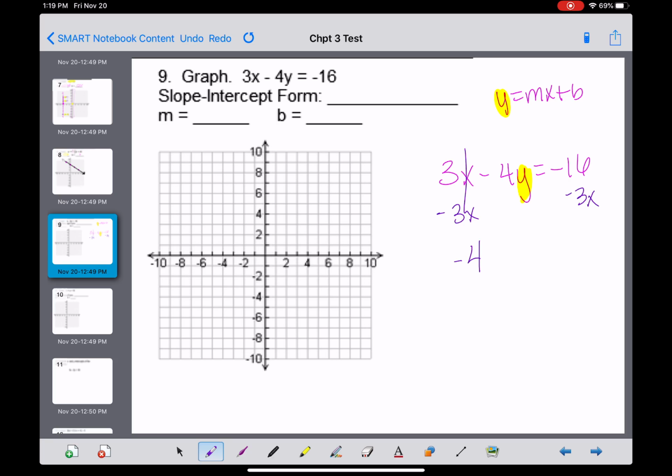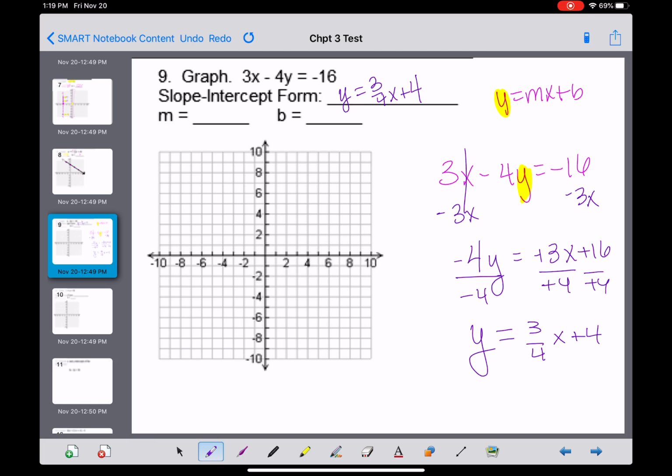So I have negative 4y is equal to negative 3x minus 16. Divide every single part by negative 4. I am left with y equals positive 3/4 x plus 4. Bunch of double negatives here. So that's my slope-intercept form.